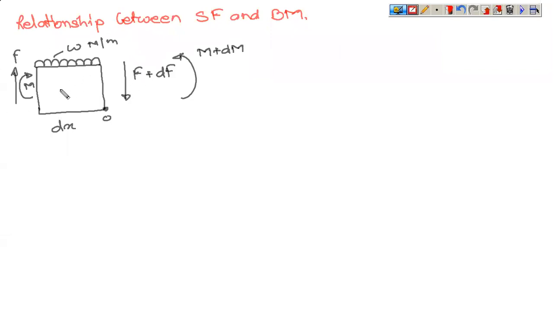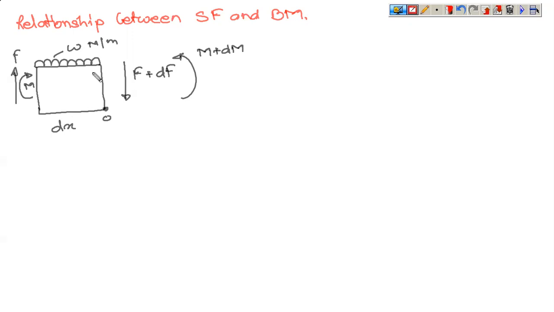Because the entire dx element is also in a state of static equilibrium, it will be balanced by a magnitude of F plus dF. Now this dF may be positive or negative depending upon the type of loading. On one side of the beam, again you have a constant moment in clockwise direction of magnitude M acting, and on the other side it is balanced by an anticlockwise moment of magnitude M plus dM.